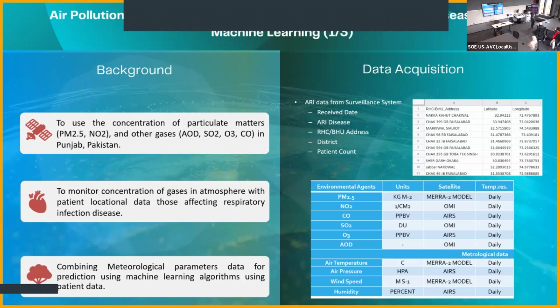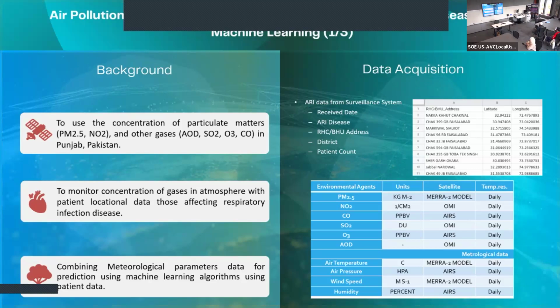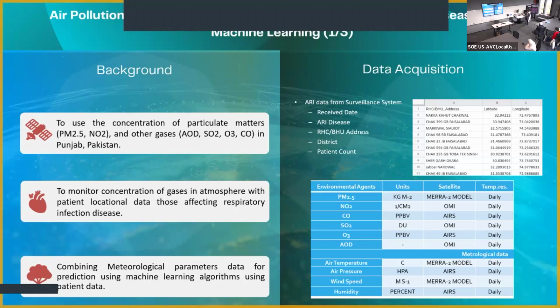And then similarly, we extracted different types of satellite data, which was freely available, especially for PM 2.5 and NO2. And we extracted historical data for multiple years to get the hotspots and main areas which are being affected by this specific type of problem.